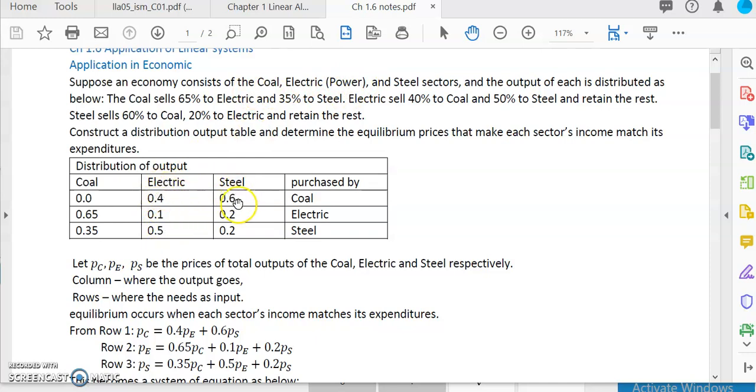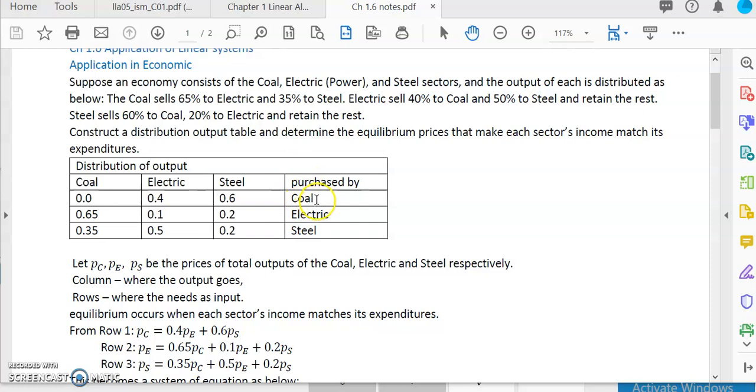Steel sells 60% to coal and 20% to electric, so there's 20% left over for steel itself. And if you look at it horizontally, 40% of the electric is being purchased by coal, and 60% is being purchased by steel. 60% of steel is being purchased by coal also.